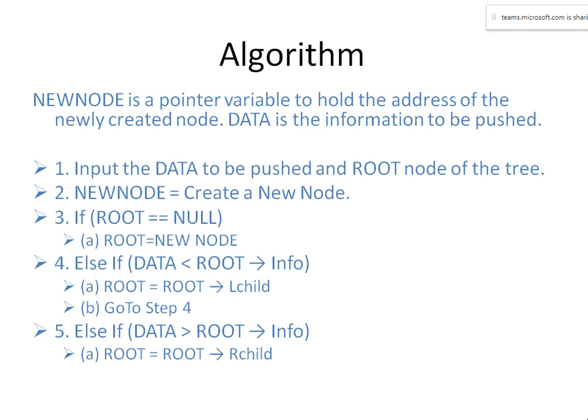If so, then you have to make root equal to root's left child and then go back to step number 4. You will be in this loop as long as the condition in the loop is true. Else you will come out of the loop and follow step number 5.